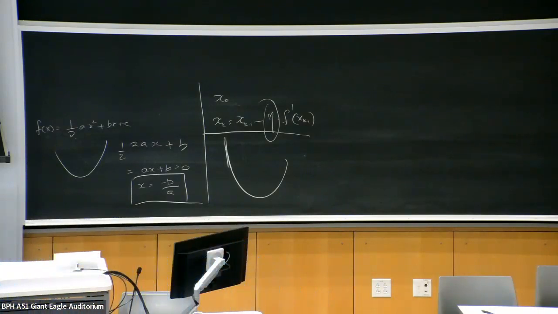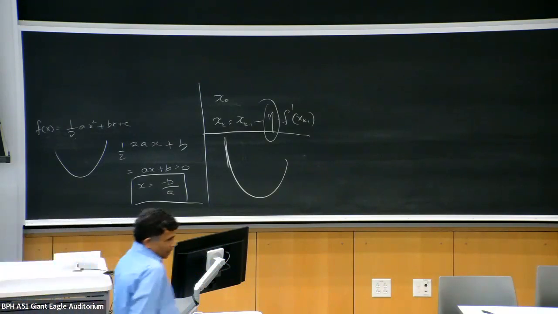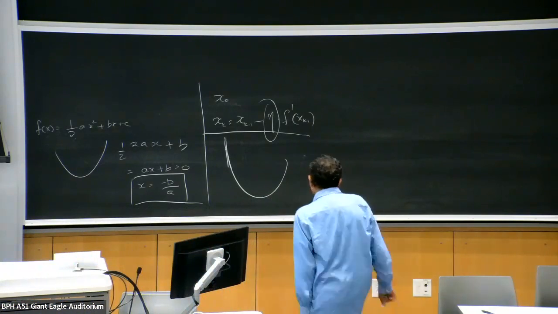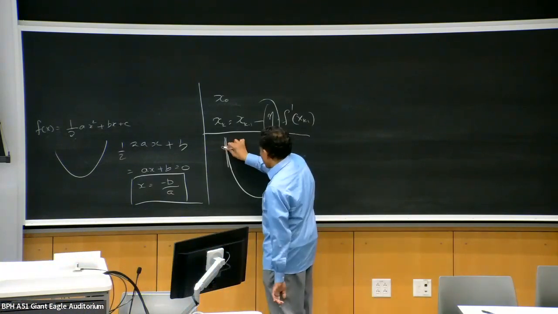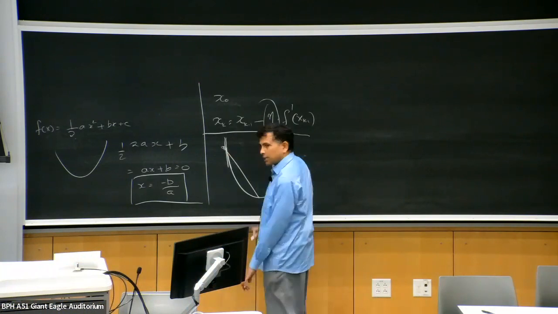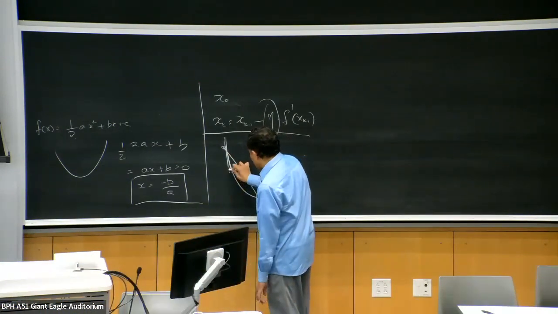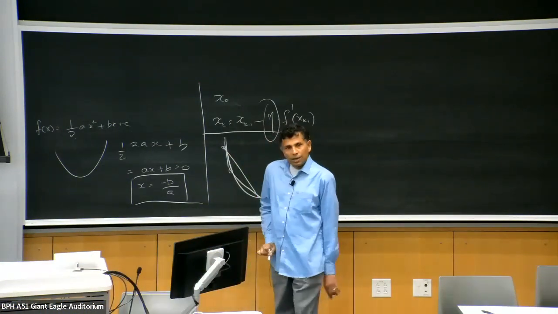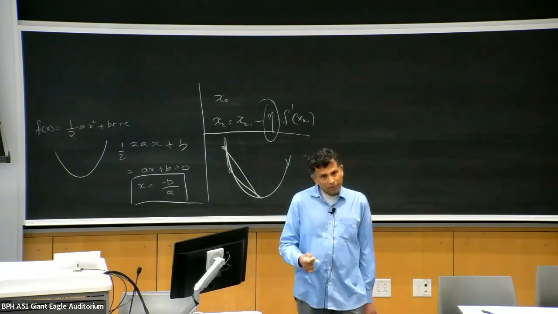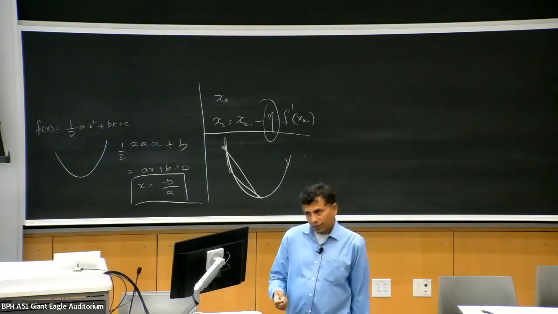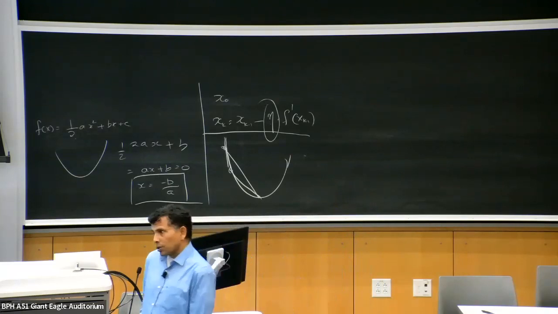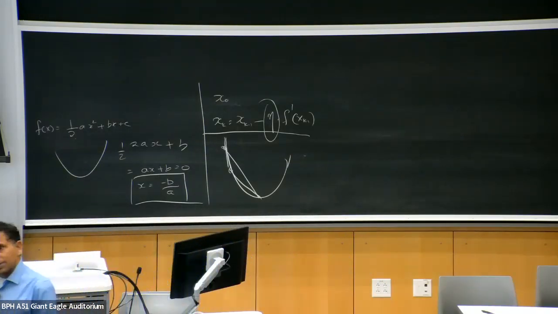No? Yes? What do you think? So what this means is that regardless of where I am, if I start from here, if I use that value of eta, I'm going to get here in one step. If I start from here, I'm going to get here. Regardless of the initial point, if I use that value of eta, I'm going to get to the optimum in one step. What would this step value be?